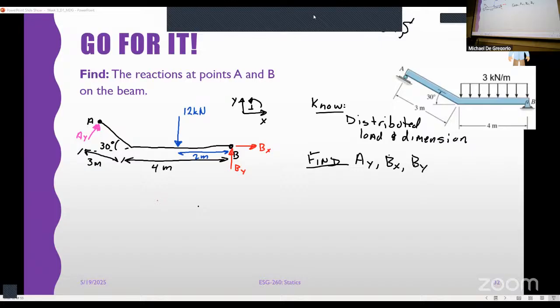So remember, you have to have everything in the same coordinate system, right? So is the X direction 0? Yeah. But are all of your forces broken down into XY coordinates?